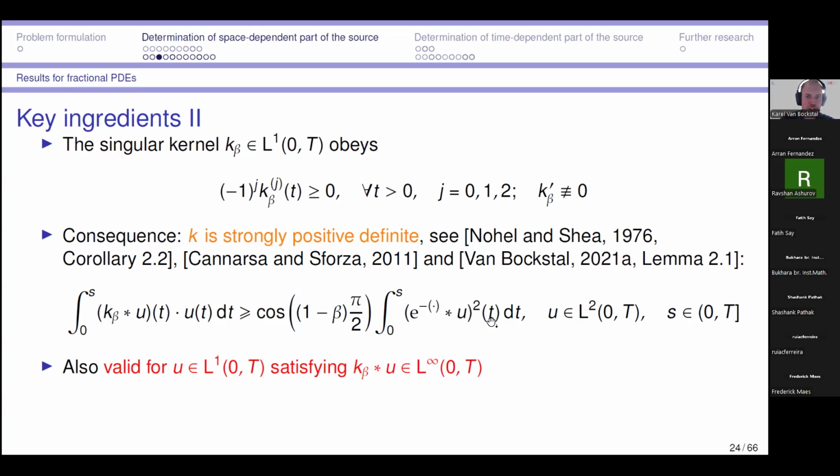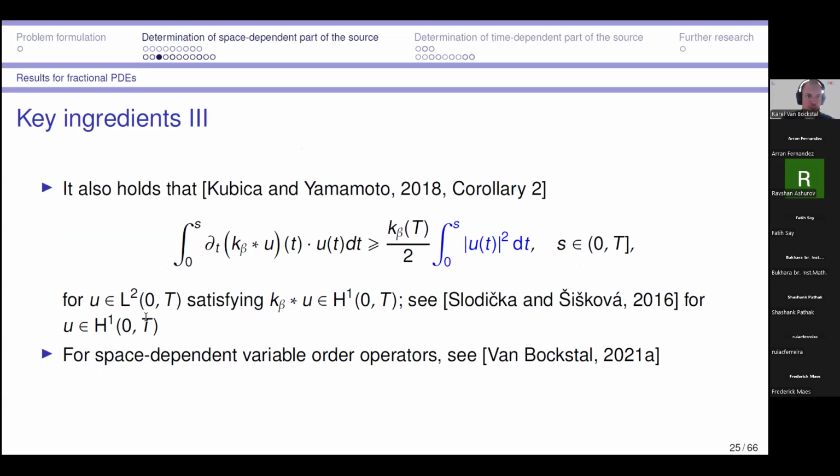But this result is also valid if u is in L1 in time, and the convolution of the Riemann-Liouville kernel with u is L infinity in time. Then this integral is well defined. Also, the convolution is almost everywhere well defined. And this is one of the key ingredients later on in the presentation.